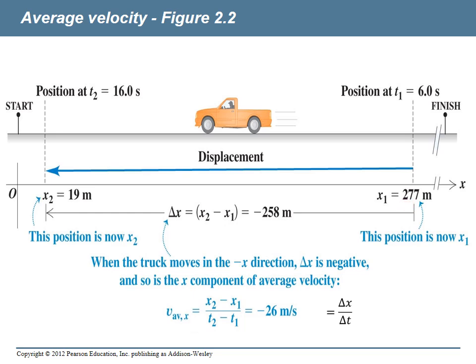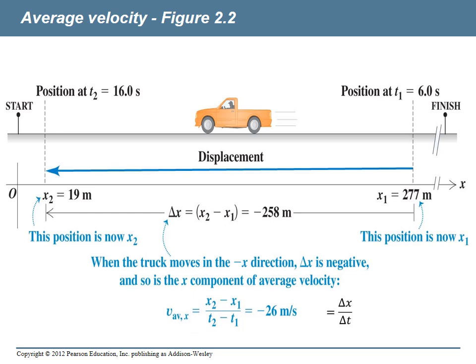Position 2, some time has passed, the truck is driving towards the start line, and the time is 16 seconds. At time 2, 16 seconds, position x2 is going to be 19 meters. It's gotten closer to the start line.